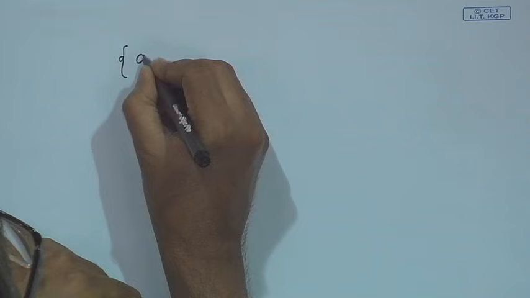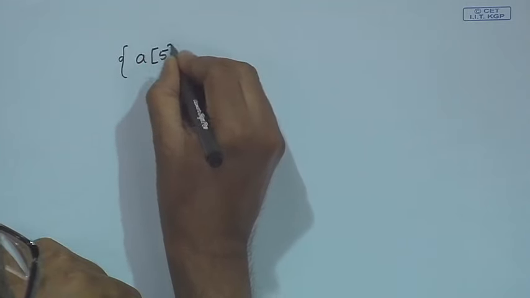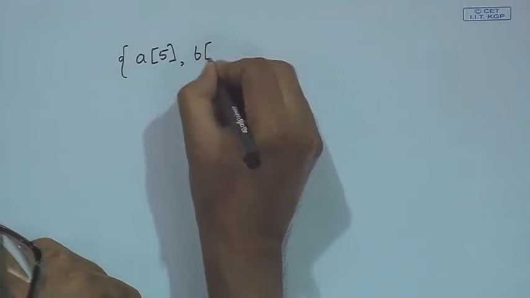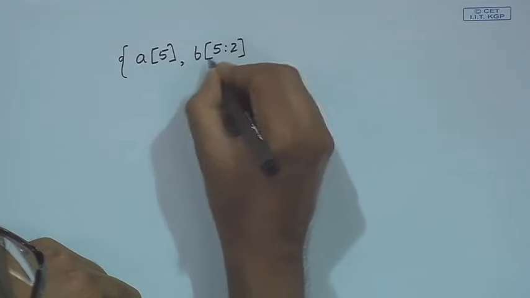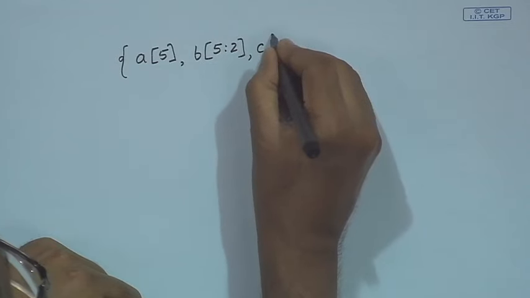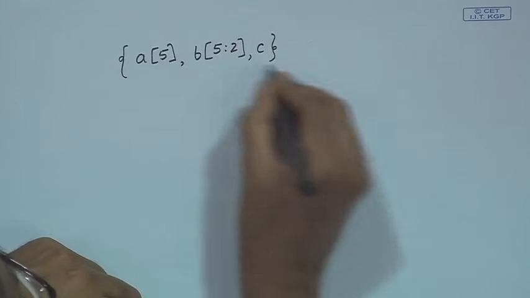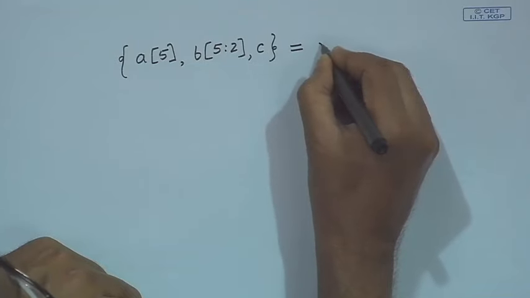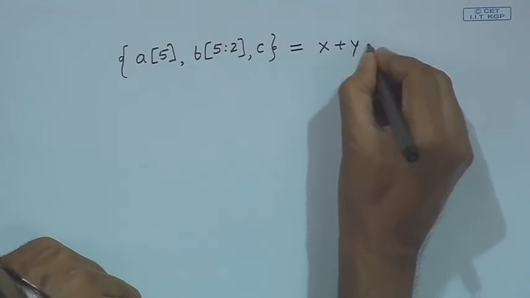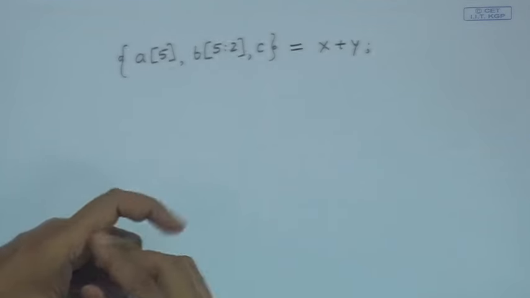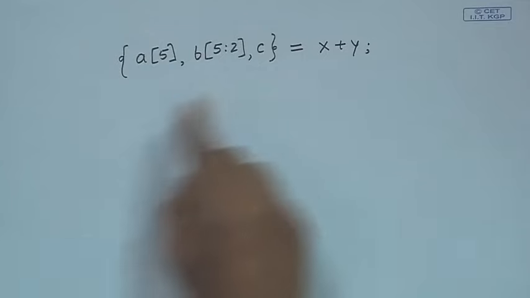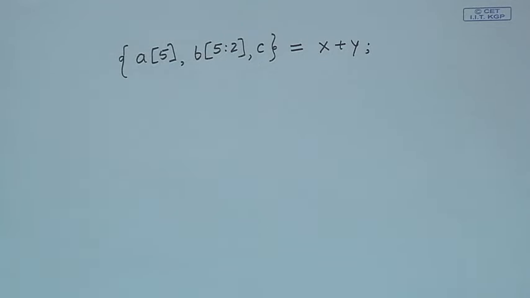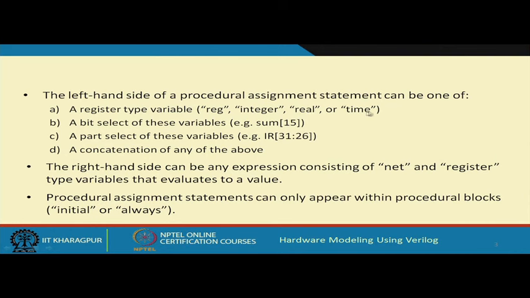For example, you can write a concatenation of, let us say, a variable A[5], a variable B, and a section defined or an entire variable C, equal to any expression like x plus y. These kinds of expressions are allowed provided A, B, C are one of these 4 types: reg, integer, real or time.